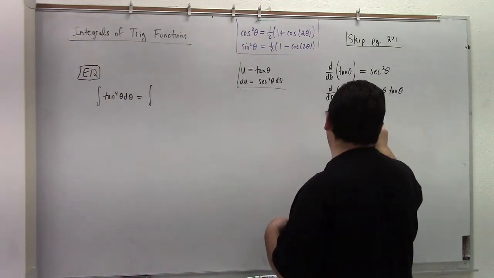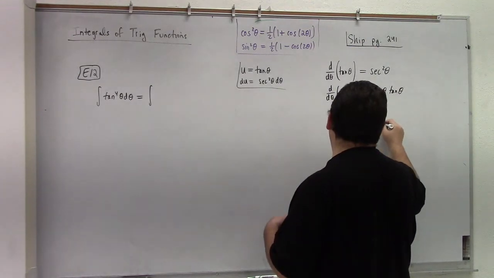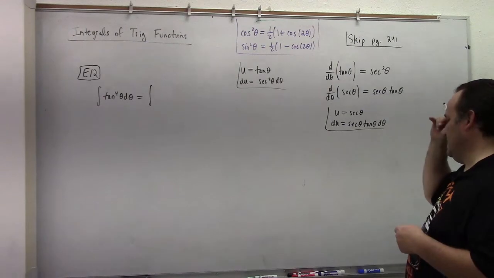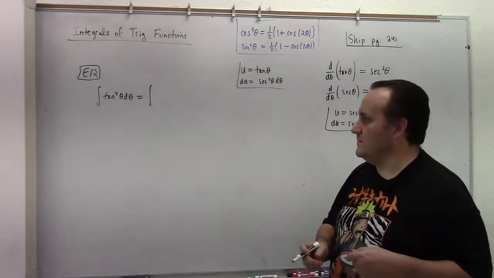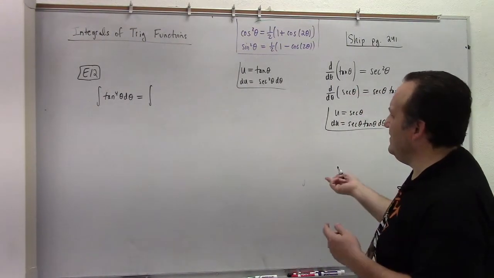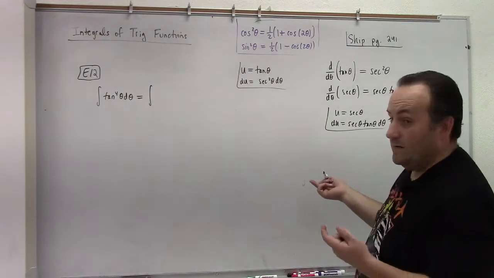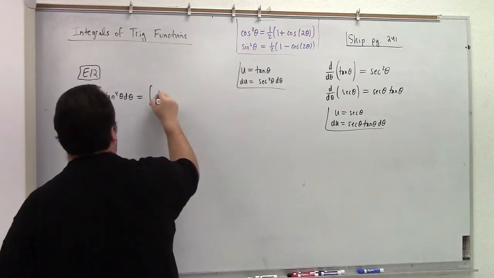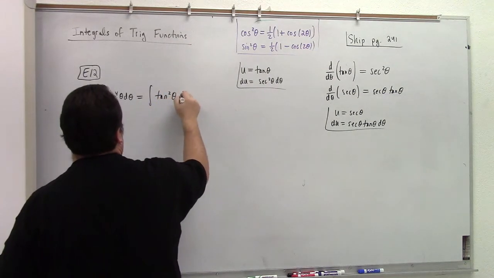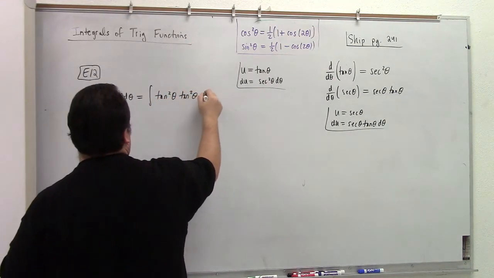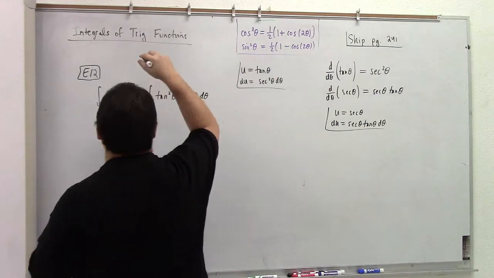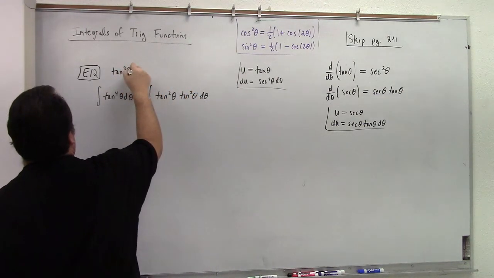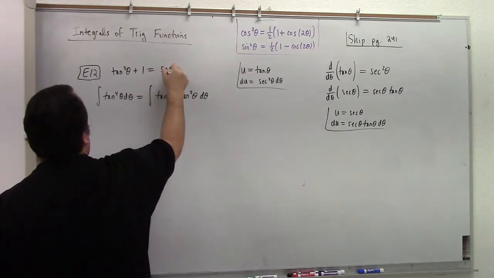It seems like secant's maybe not a good choice because I don't have a secant tangent. But I don't have a secant squared either. But tangent, well, let's look at it this way. This is tangent squared theta times tangent squared theta. And what was it? Tangent squared theta plus 1 equals secant squared theta.